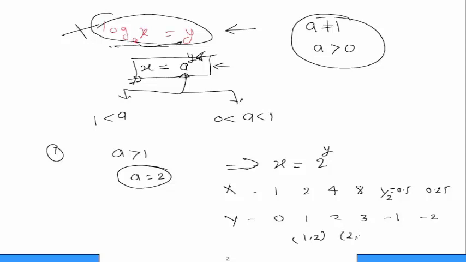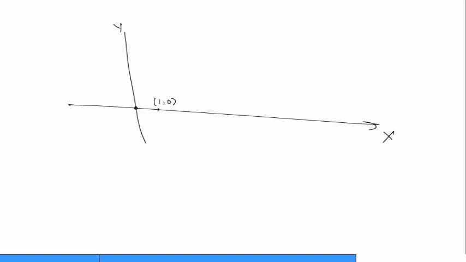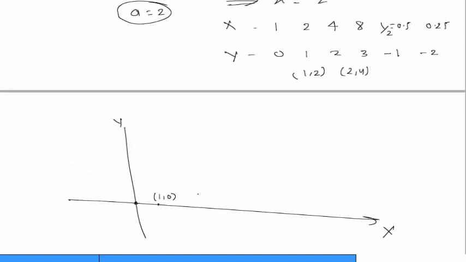We have a point (4, 2). Just plot those points. So (2, 1) will be one bit above (1, 0). So suppose this is a point.